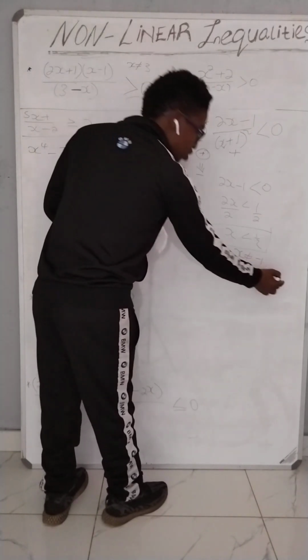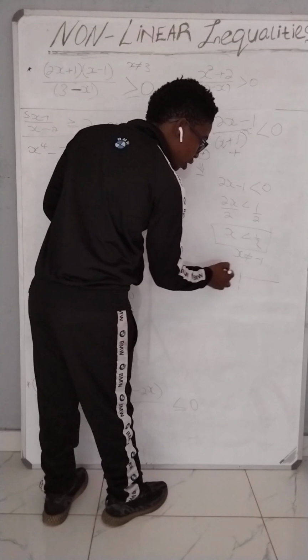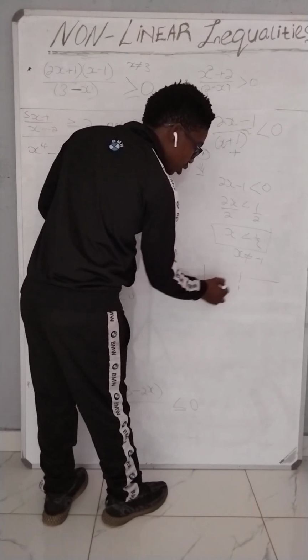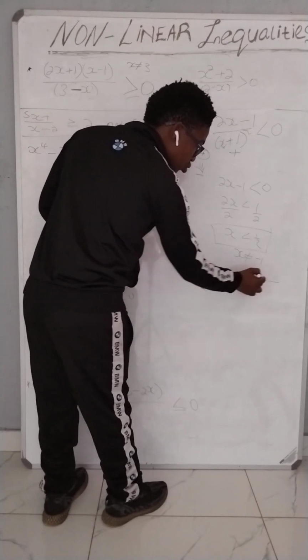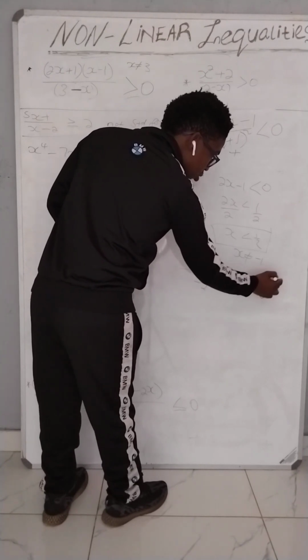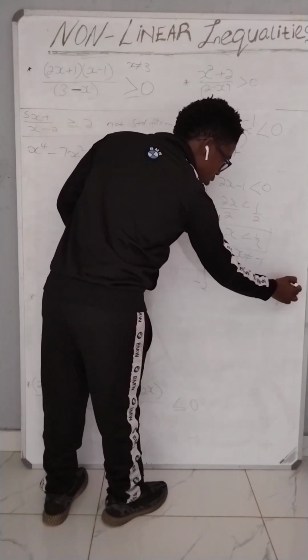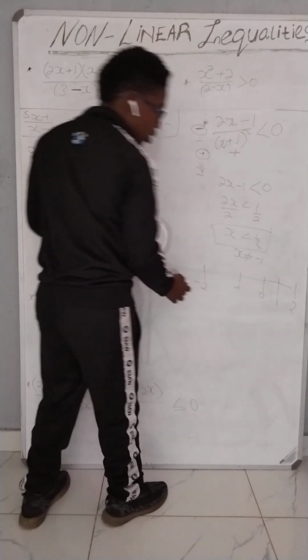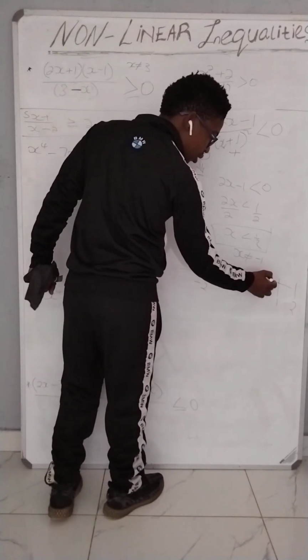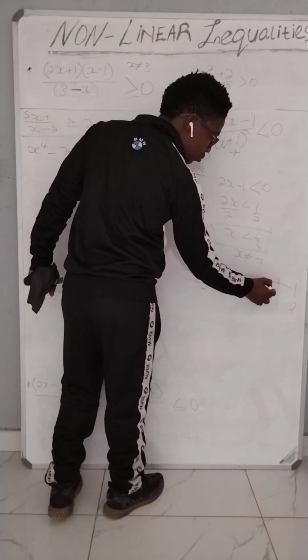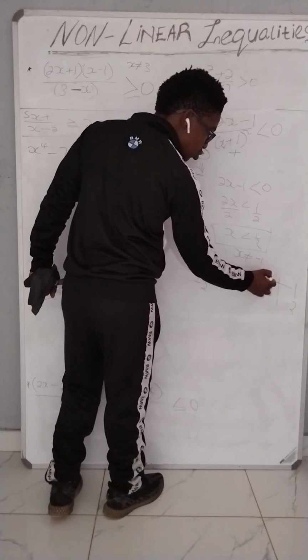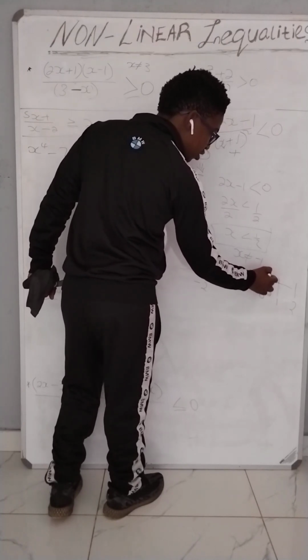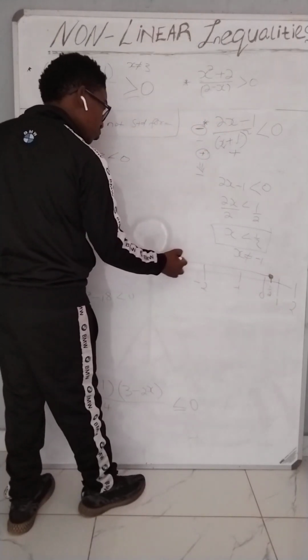So if you have your number line, you have 1 there, you have 2 here, negative 1, negative 2, you have 0, you have 1, you have 2 there. Okay, so that will be your half. So your x starts here, and then it goes there.